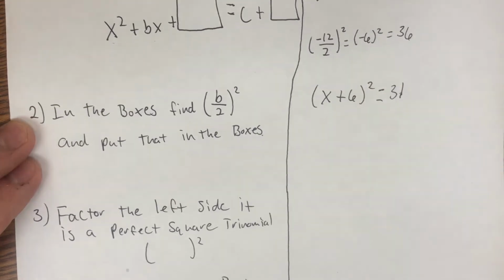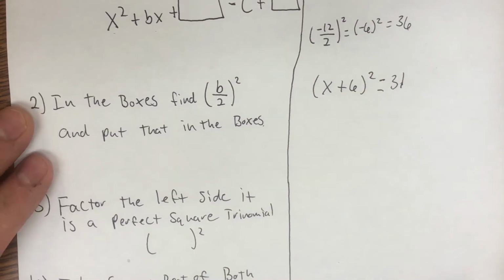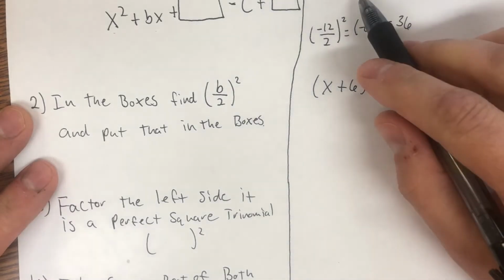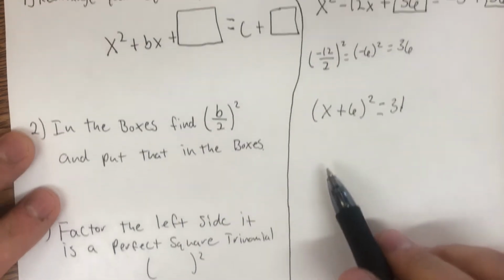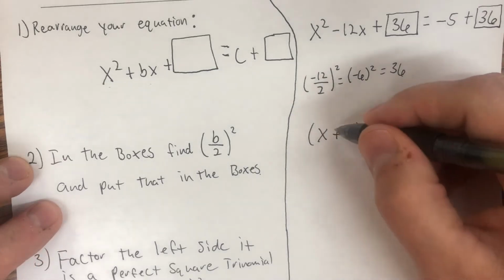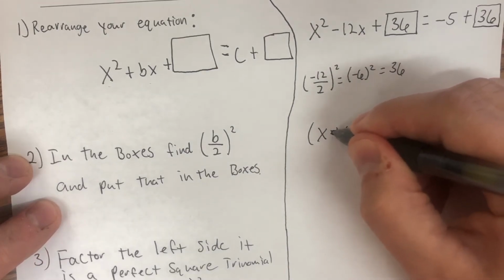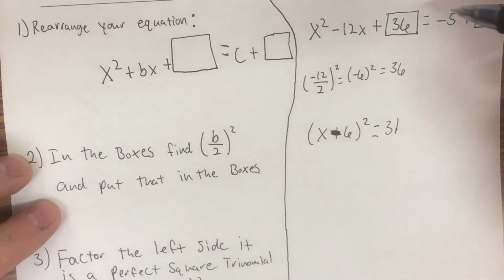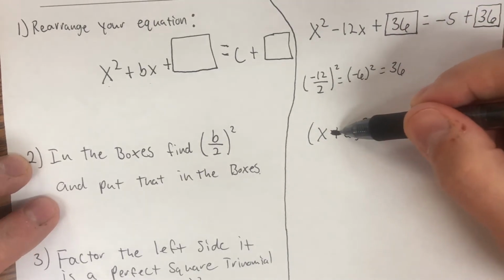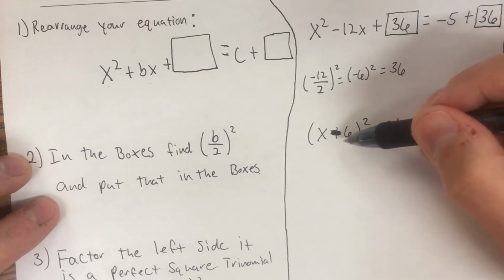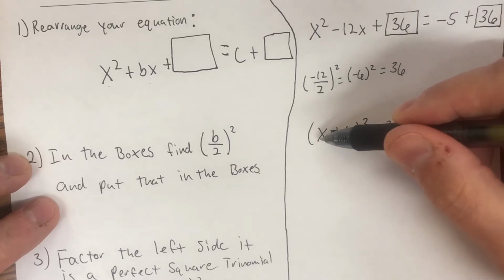Okay, I made a small error here. The reason is our middle term is negative 12, so this cannot be a plus 6. It needs to be a minus 6 because the middle term was negative. So when I check this, sorry about my little error there, negative 6 times x is negative 6x.